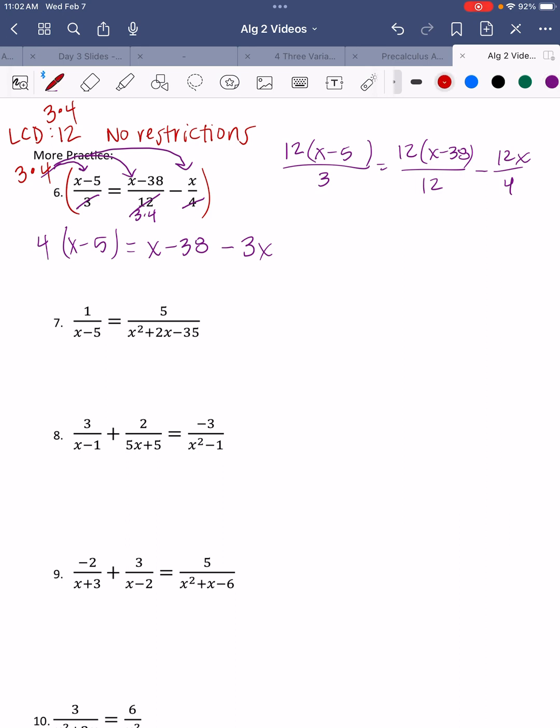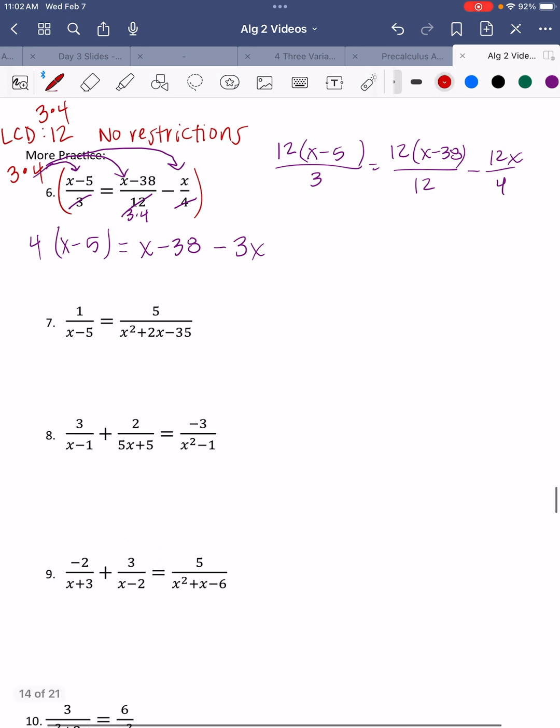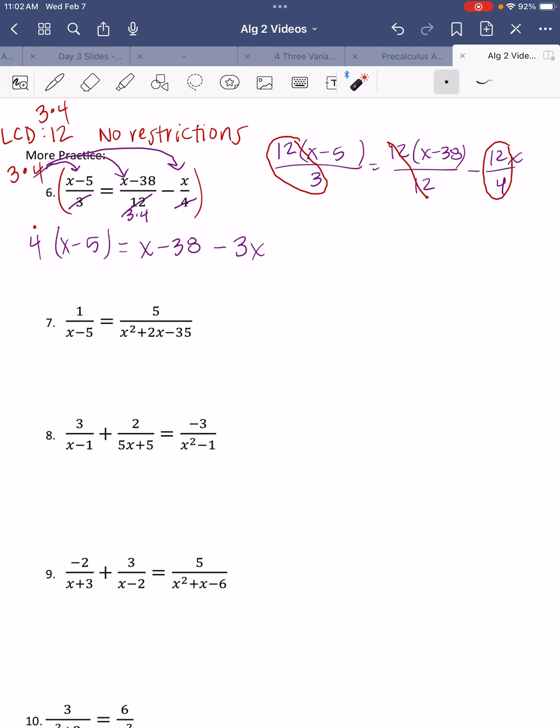I didn't write all these steps, but we know that 12 divided by 3 would leave us this 4 right here. We know 12 divided by 12 in the middle fraction canceled and left us x minus 38. And then we also know that 12 divided by 4 is 3. So that's why I just wrote 3x.